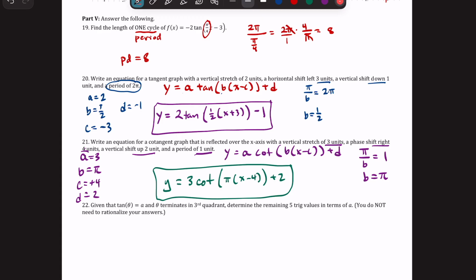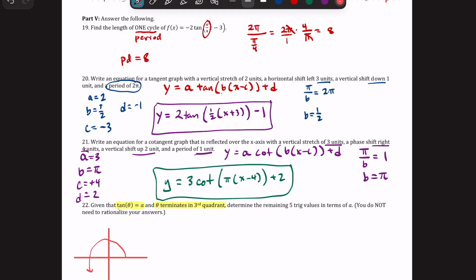All right. So we are told here for the last problem that I'm gonna do that tangent theta is equal to A, and theta terminates in the third quadrant. So let's just deal with that part first. We're rotating around.